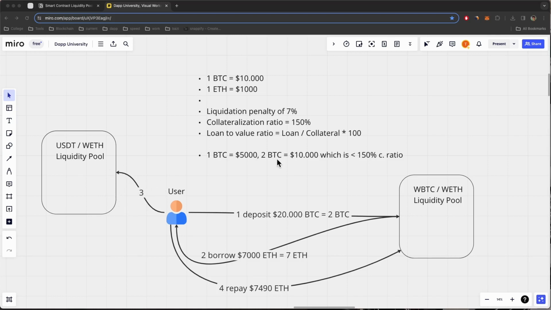And let's make this a scenario where a liquidation happens. So let's say hypothetically Bitcoin goes to $5,000. So it was once worth 10k and now your 2 Bitcoin is worth 10k, which is less than the 150% collateralization ratio. What does this mean? This means that your loan will get liquidated, and now you need to pay out a liquidation penalty of 7%.